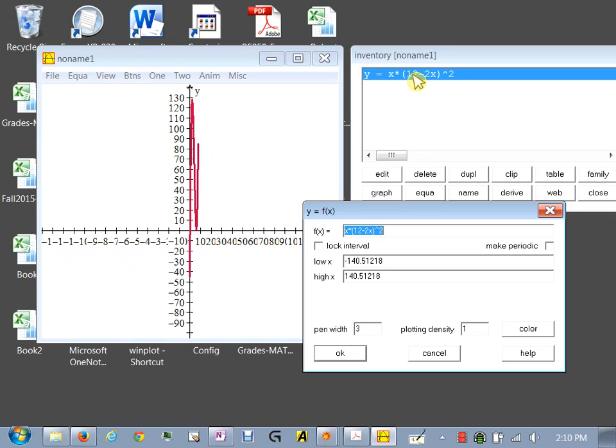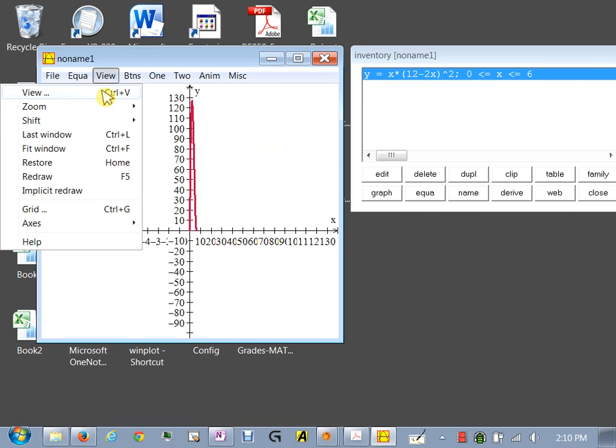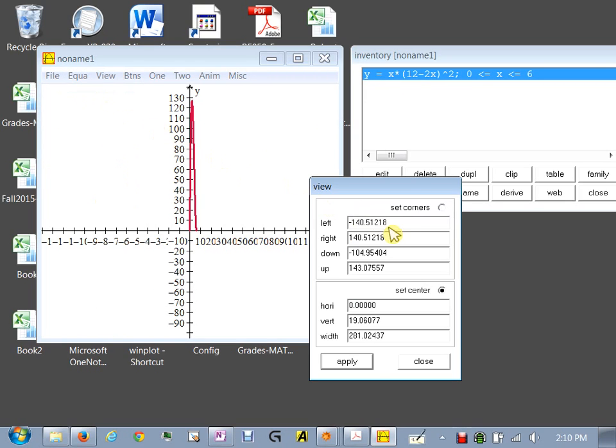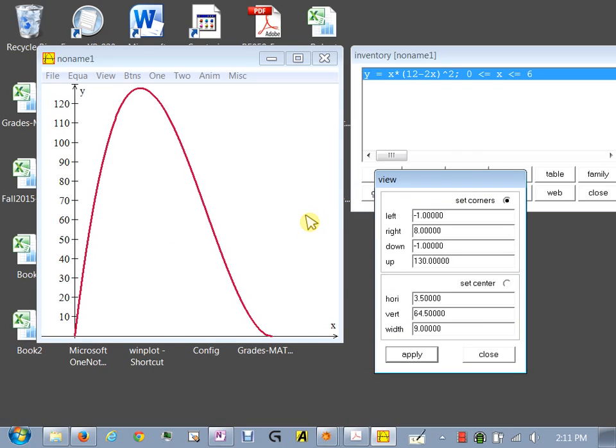Okay, so what I'm going to do here is lock my interval. Where was I looking? Between where and where? 0 and 6. And then, how do I change my view? See if this helps. There we go. That is the graph of that function on the interval 0, 6.